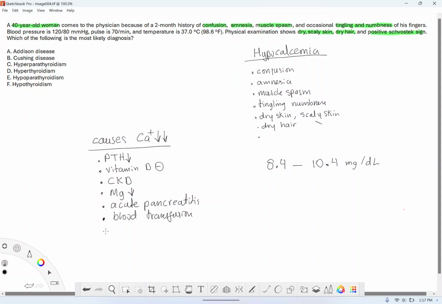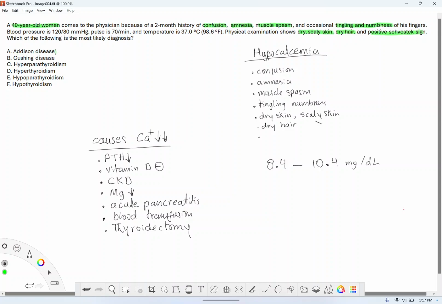Okay. And of course, one of the common causes is thyroidectomy, because the thyroid gland region not only has thyroid, but the parathyroid glands as well. Okay, so depending on which one is the cause, let's see if we have any of these choices in our options. And then if you need further, we can go over further information.